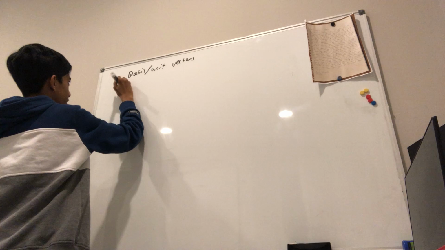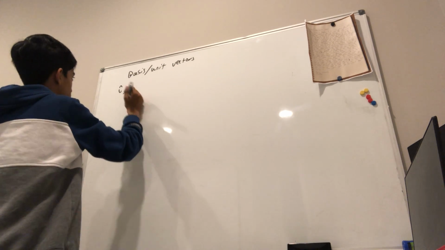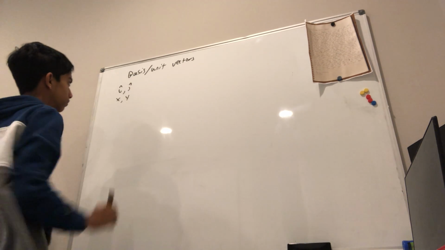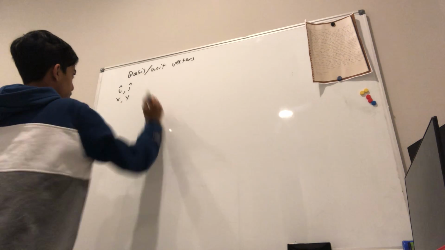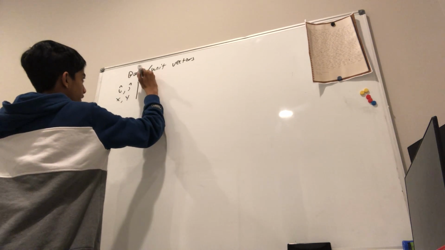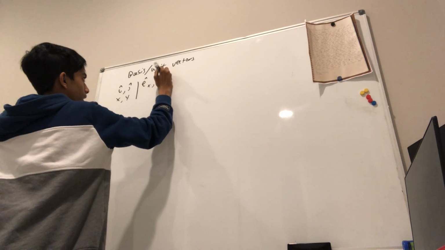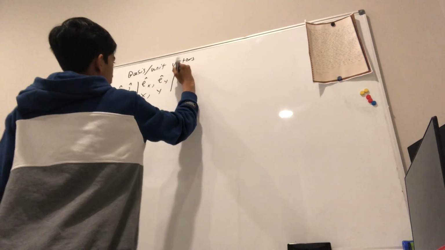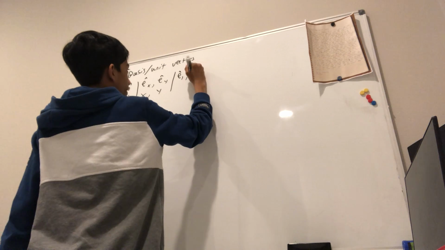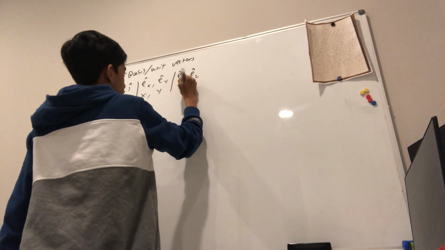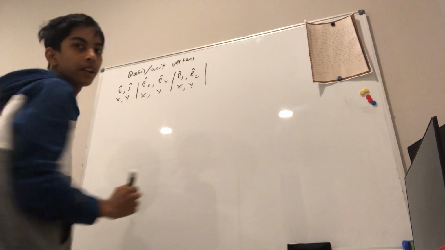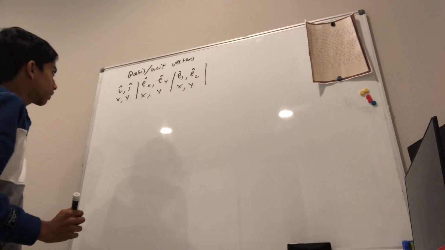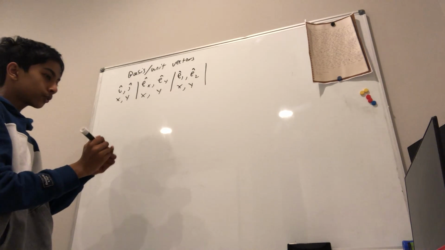First is i hat, j hat, which is just x and y respectively. We also have e hat x and e hat y, which is also x and y. And we also have e hat 1 and e hat 2, which is x and y respectively.